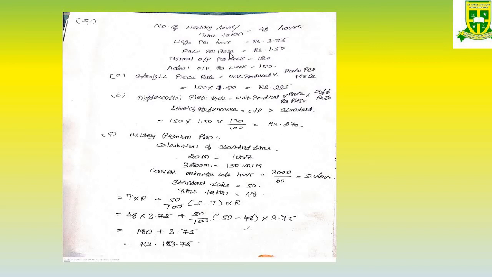So how many units are they actually producing? 150 units. For 1 unit they are taking 20 minutes. For 150 units, how many minutes are taken? 150 into 20 divided by 1, which gives 3000 minutes.